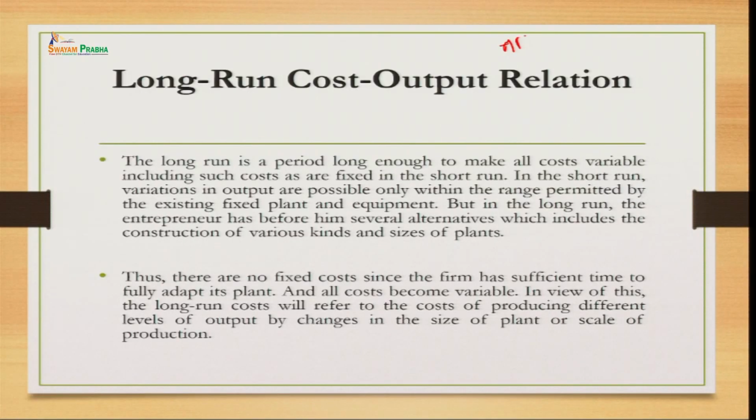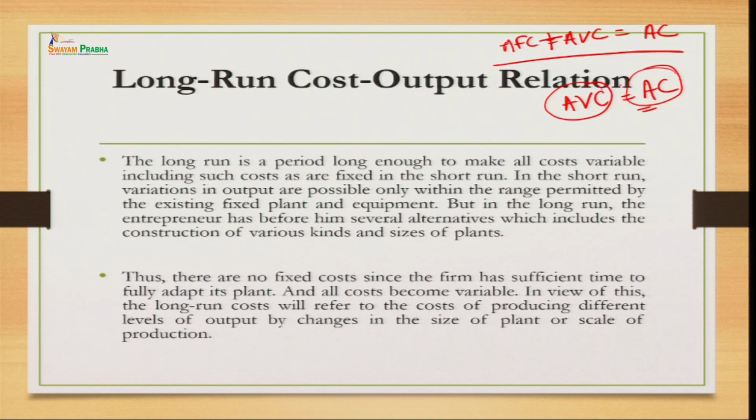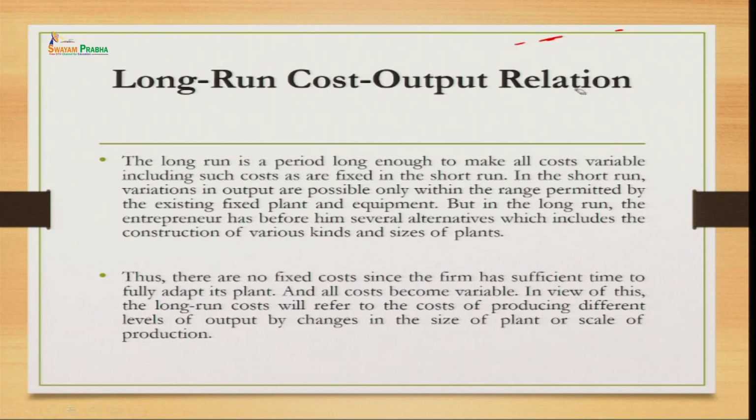So, no cost is fixed in the long run, we have only variable cost. In the short run, average fixed cost plus average variable cost is equal to the average cost. But now we can say that average variable cost is equal to the average cost. Whether you call it average variable cost or average cost, it is almost the same because there is no concept of fixed cost in the long run.